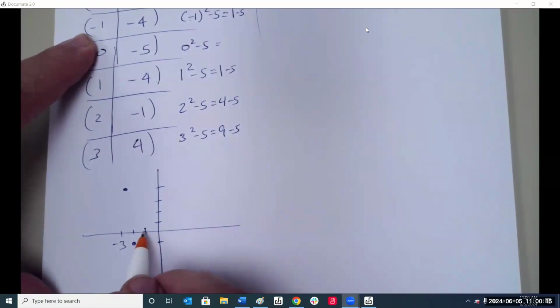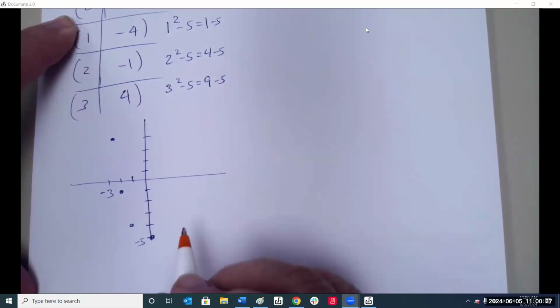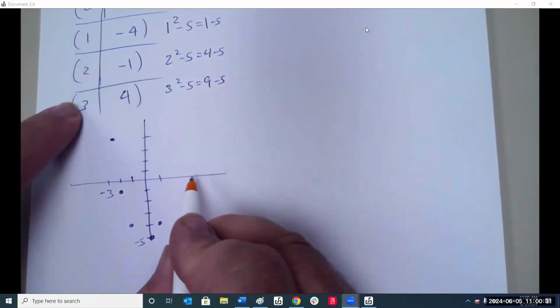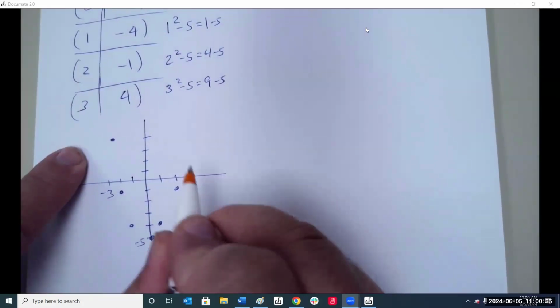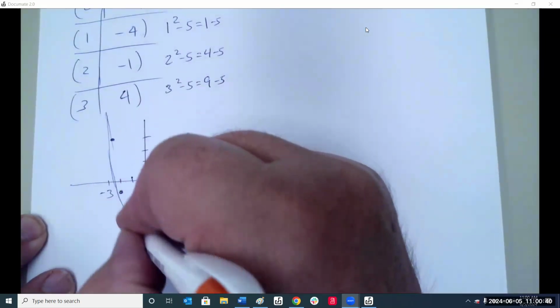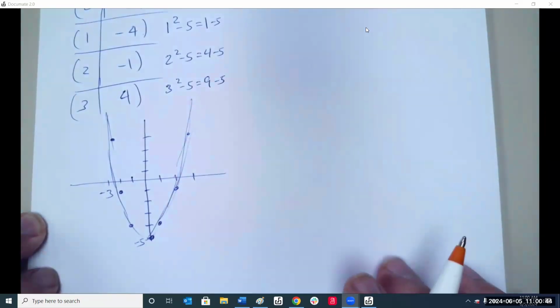Next one's at -1, -4. Then at 0, -5. Then at 1, -4. At 2, -1. At 3, 4. So our graph looks like this.